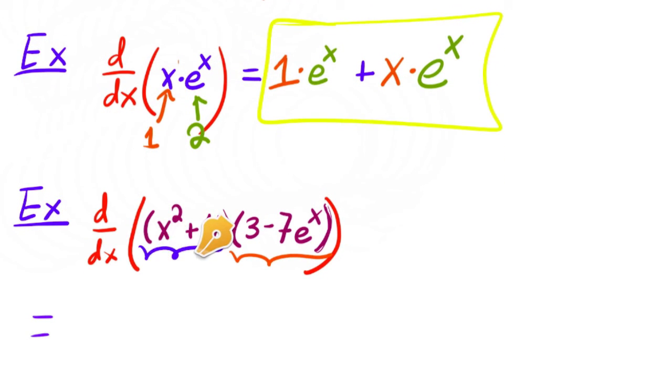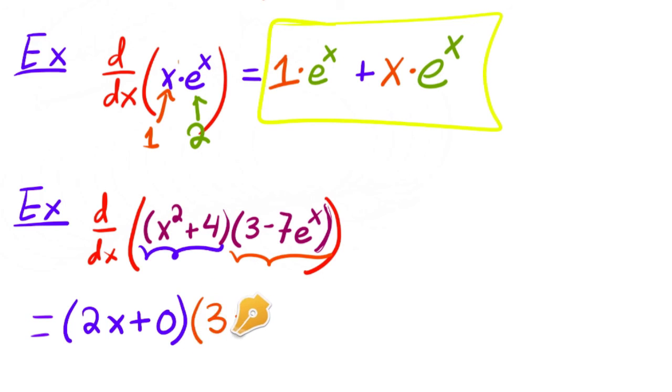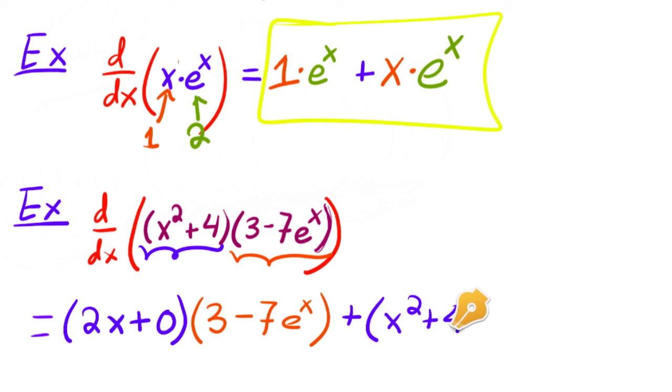So the derivative of the first, which is, I'm going to put it in parentheses, the derivative of x squared is 2x plus derivative of 4, which is 0, times the second, leaving it alone, 3 minus 7e to the x, plus the first, leave it alone, x squared plus 4, times the derivative of the second. So the derivative of the second, 3 minus 7e to the x, is going to be 0 minus, and the derivative of 7e to the x is just 7e to the x.